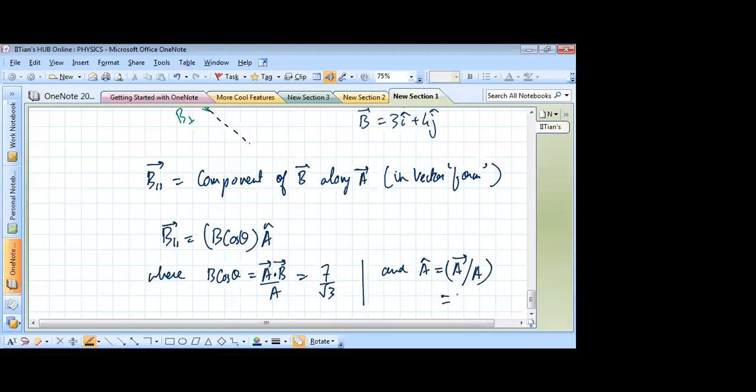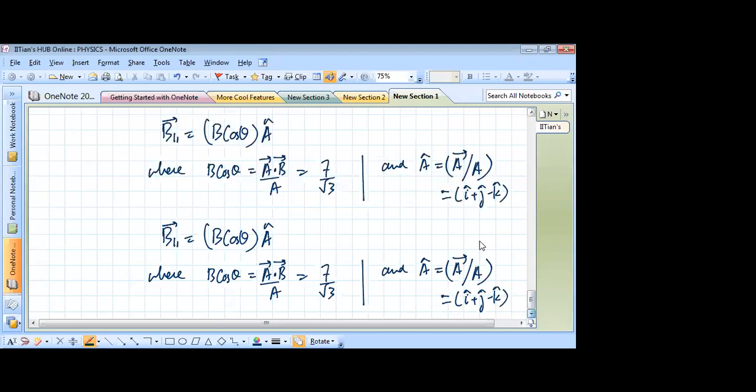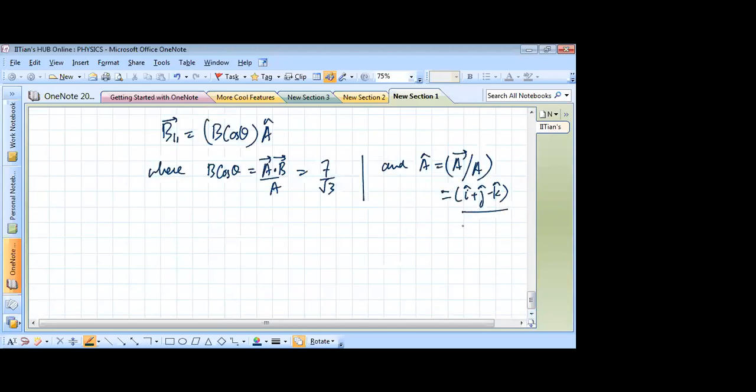So that is nothing but the vector A, which is i cap plus j cap minus k cap, divided by its own magnitude, so that is mod of i cap plus j cap minus k cap. So that is nothing but i plus j minus k divided by its own magnitude, which is root 3. So this is A cap. Okay. This is A cap and this is B cos theta.